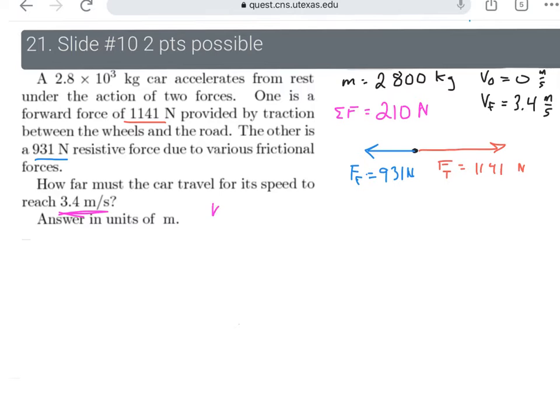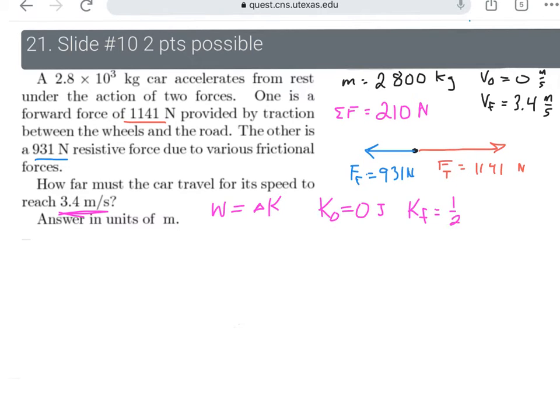We know that the work done on an object is going to cause a change in its kinetic energy. We know the initial kinetic energy of our car is going to be equal to 0 because it starts off with no velocity. We can figure out the final kinetic energy of the car, and that's going to be equal to the change in kinetic energy.